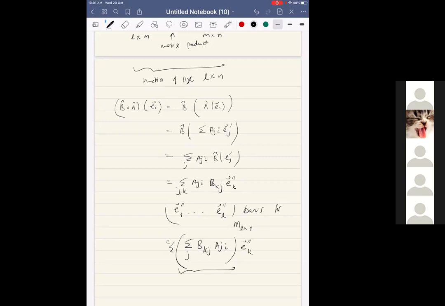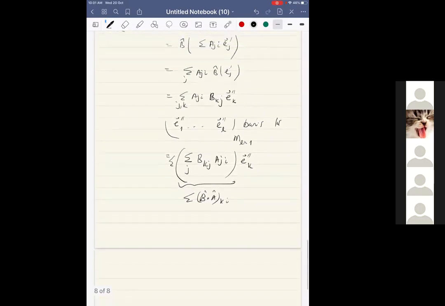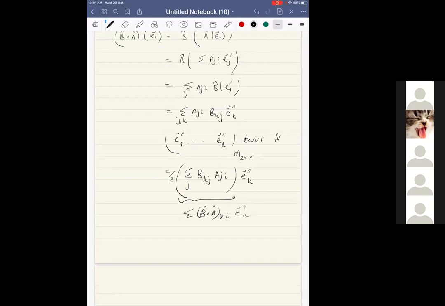And by definition, this is B composed with A, the corresponding matrix K, I. Okay, so we have indeed proved B hat A hat, remove hat, Ki is B Kj A Ji, sum over J, which is B A Ki.